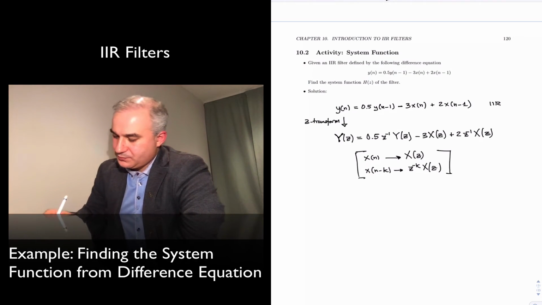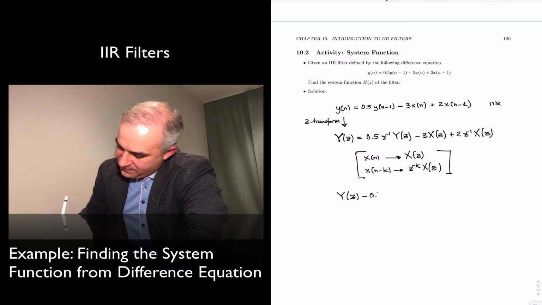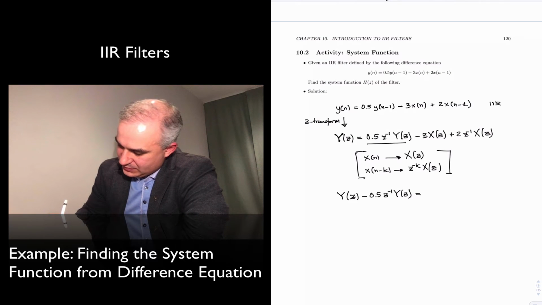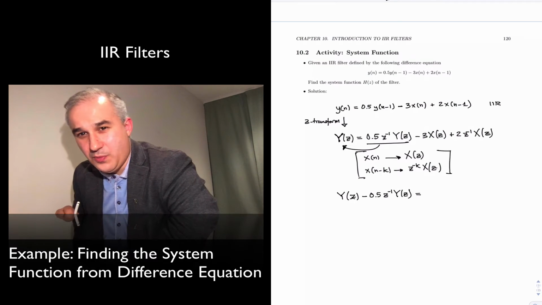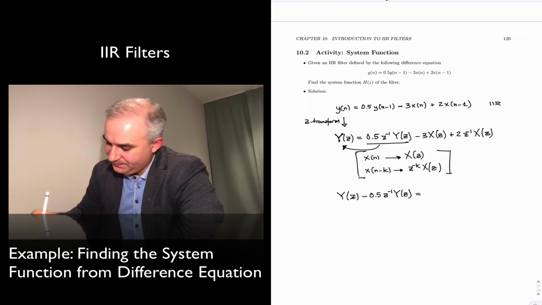Now, we can group these terms, and so we have Y of z minus 0.5 z to the minus 1 Y of z equals, I just moved this over here, or I subtracted on both sides of the equation the 0.5 z to the minus 1 Y of z.